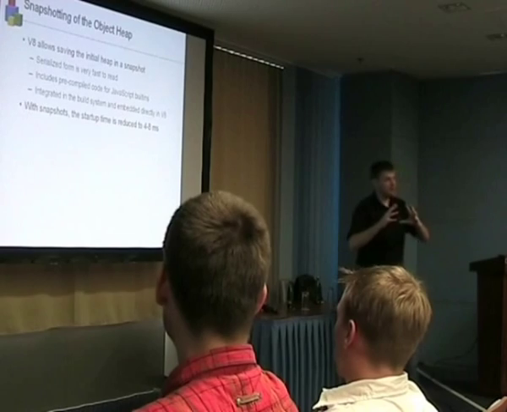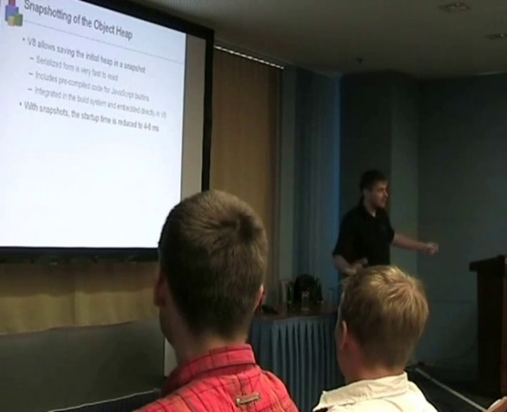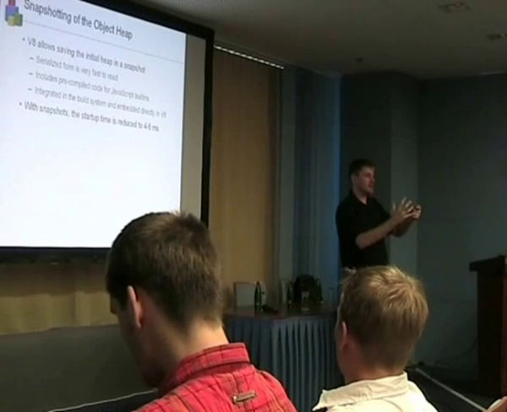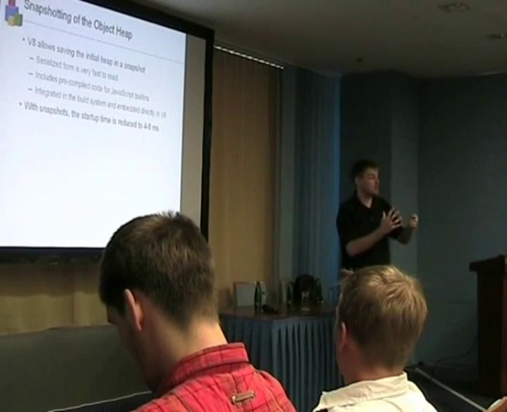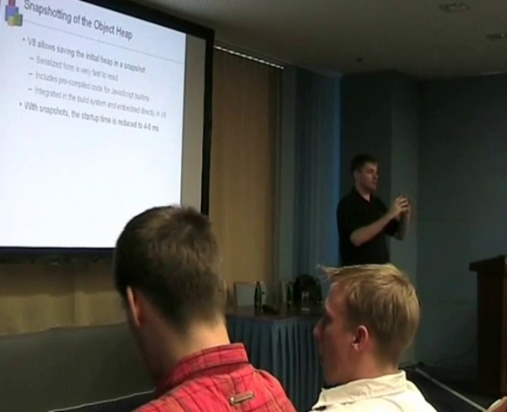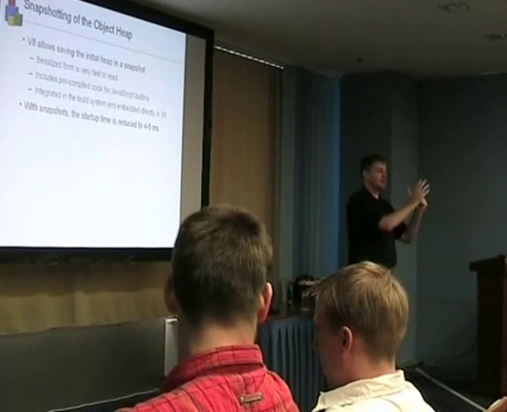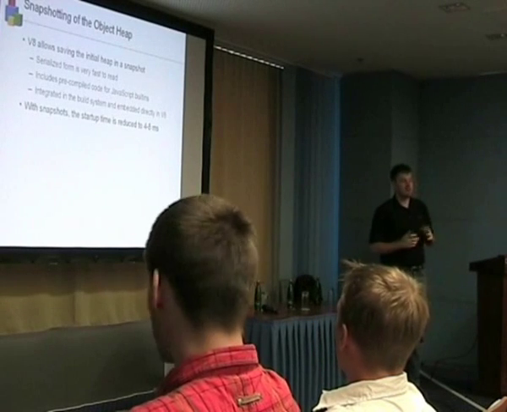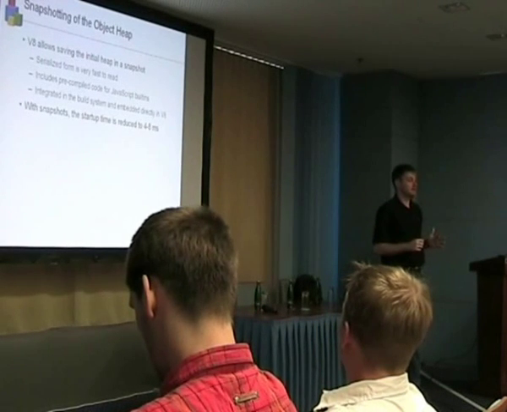And then that binary format of the heap is integrated in another version of V8, which at startup time is not going to load any JavaScript files. It's not going to compile any JavaScript code. It's just going to load the binary image that's part of the actual V8 executable into the heap and then start executing. And that gives a startup time of 4 to 8 milliseconds, which is acceptable.